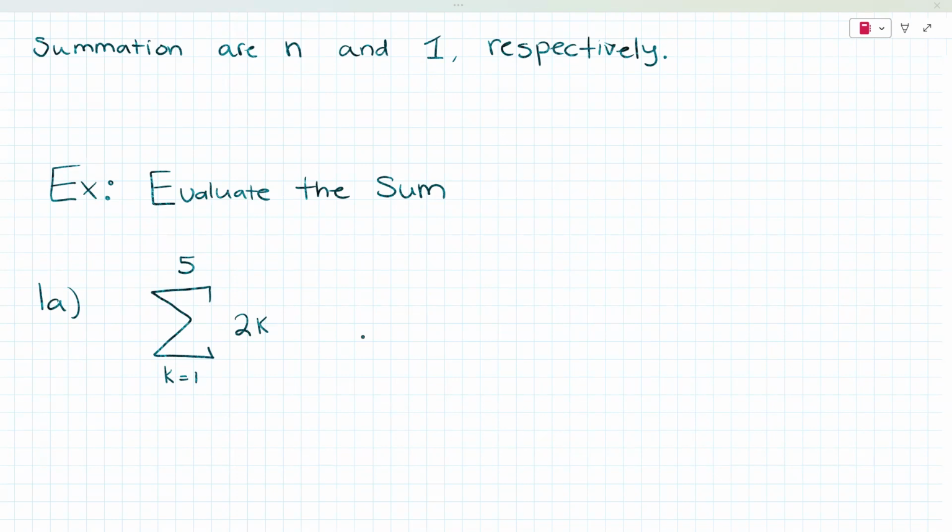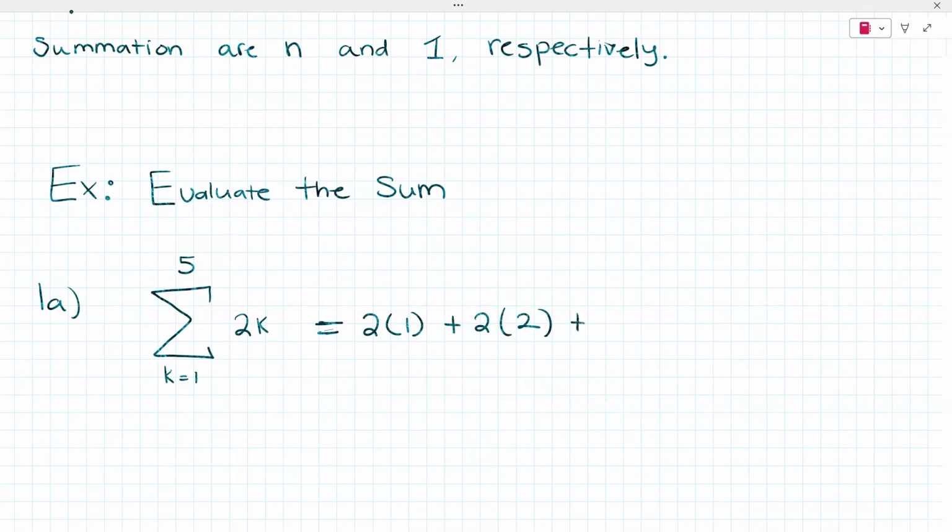So what you're going to do is 2 times 1 plus 2 times 2, until you get to the fifth term, and you add them all up and you get the sum.